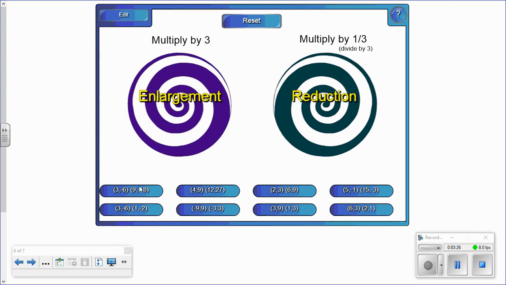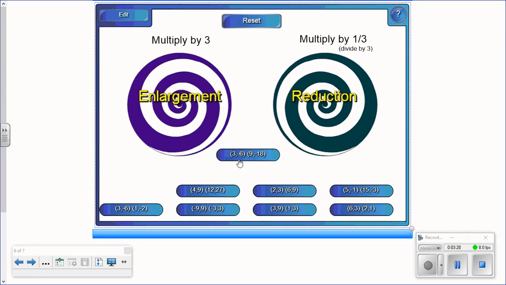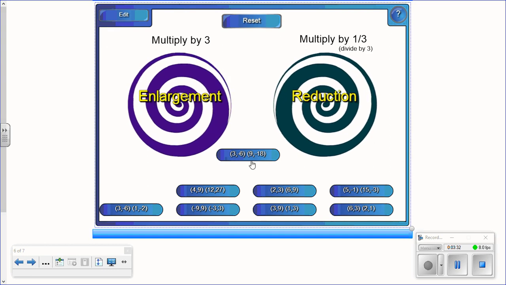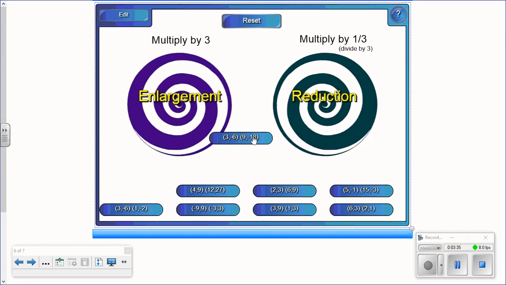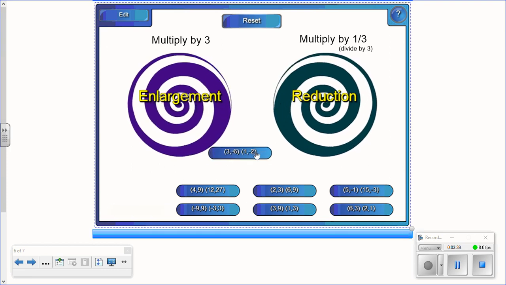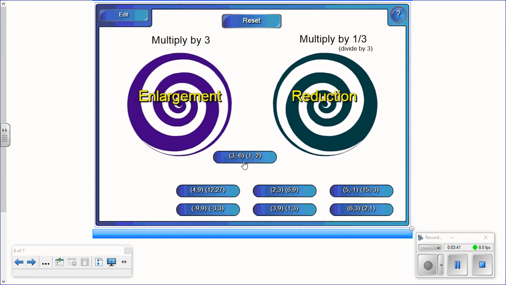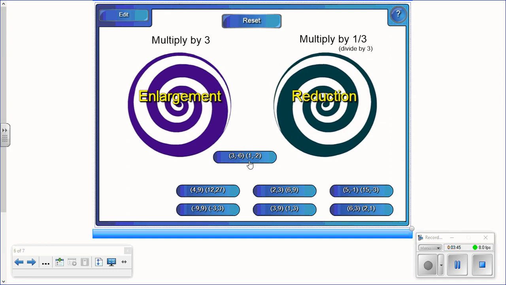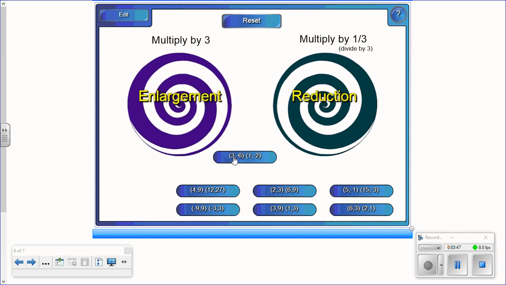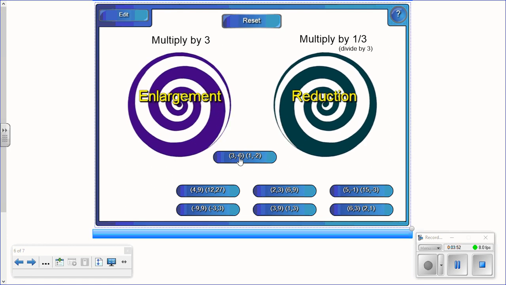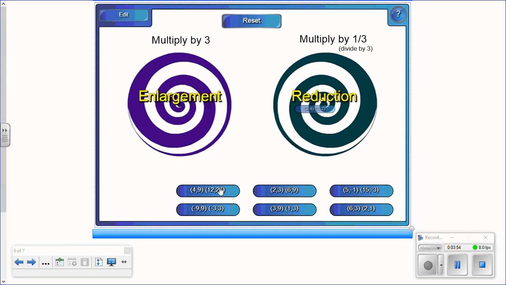So if we look at these ordered pairs, we've got (3, -6) and (9, -18). You should be able to see that they're getting larger by a factor of 3. And this one, it's going from (3, -6) to (1, -2). You should be able to see that it's getting smaller, so we're multiplying by 1/3, which is the same as dividing by 3. That's a reduction.